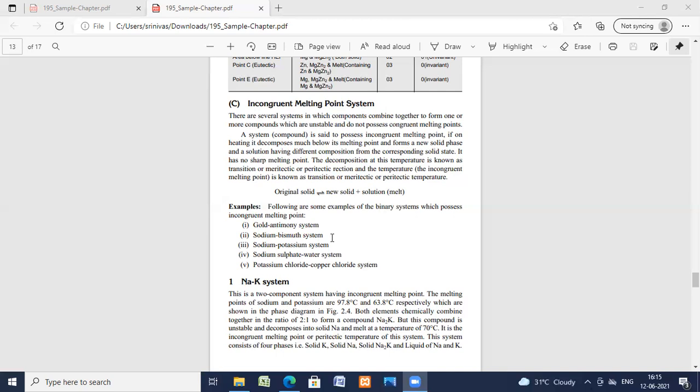The two components combine to form a solid compound with incongruent melting point which decomposes before reaching its melting point. Example I have told you here: sodium potassium system.